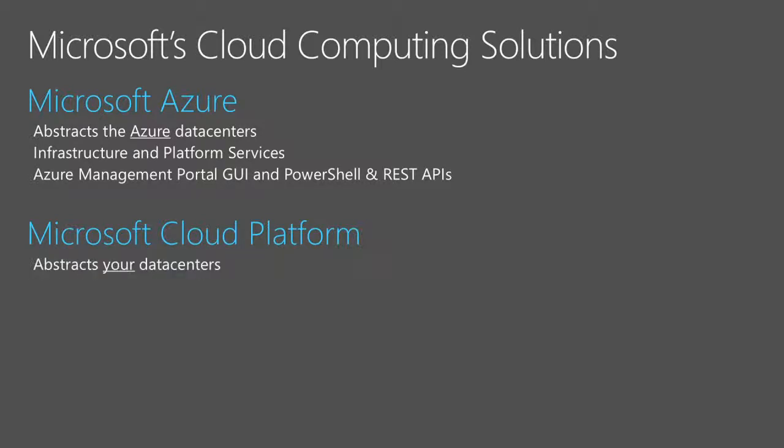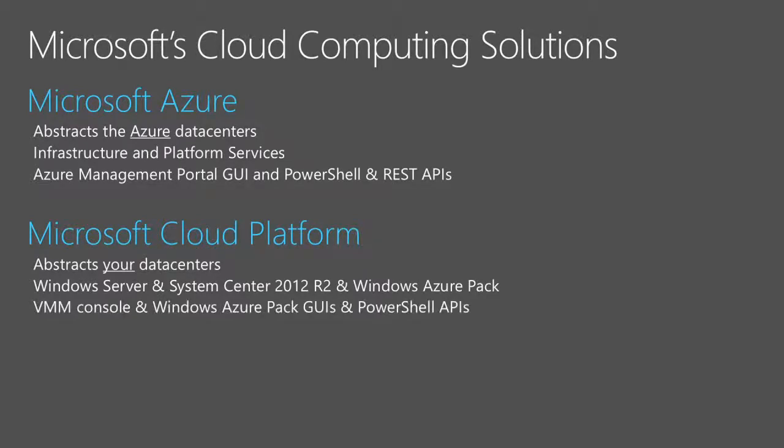But this essentially abstracts your data centers. Okay? And it's essentially combinations of our products, primarily Windows Server, System Center 2012 R2, and our Windows Azure Pack. And of course, in this case, the APIs we talk to are the various PowerShell APIs and the Windows Azure Pack GUI, or the VMM console.